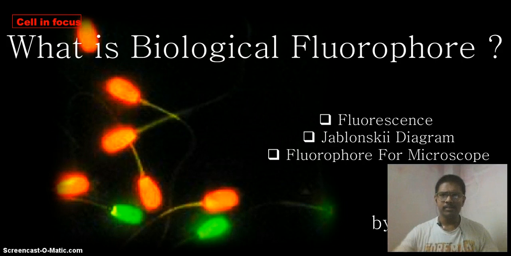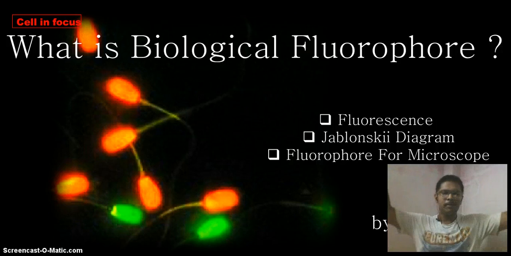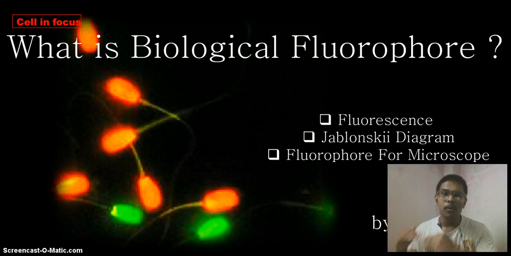Whatever your excited state, the first floor, second floor, third floor, fourth floor, fifth, anything, you have to first come back to the floor number 1, which is just above the ground floor.